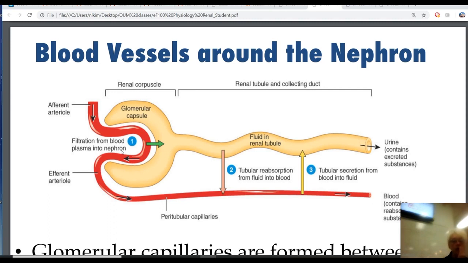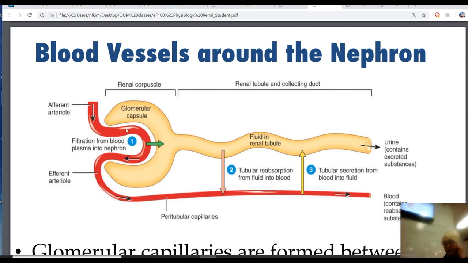It's all convoluted. It's a tuft of capillaries, just all kinds of movement going on in the glomerulus, which is why when you measure the glomerular filtration rate, it's so important. It should be over 60 in men and women. Most of the time, it's between 60 and 90, sometimes 110.